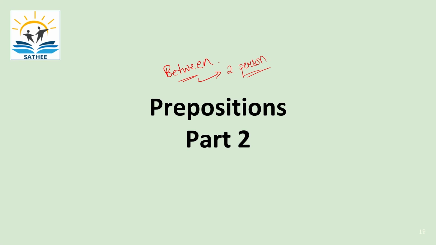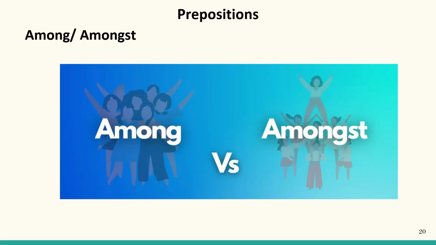Now in this session, we'll begin with the preposition among. As I told you, between is used only for two, but the word among is used for more than two. Between is used for two, whereas among and amongst are used for more than two people or things. When we are talking about more than two people or things, we can use among or amongst.